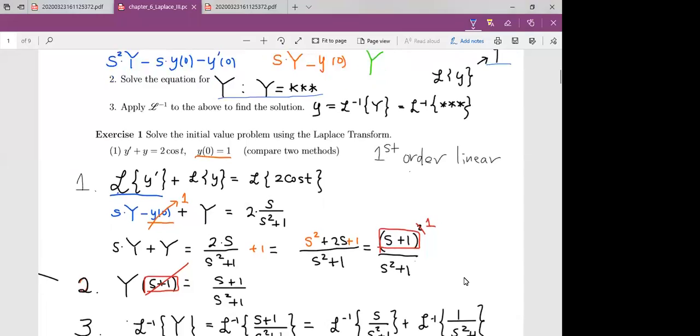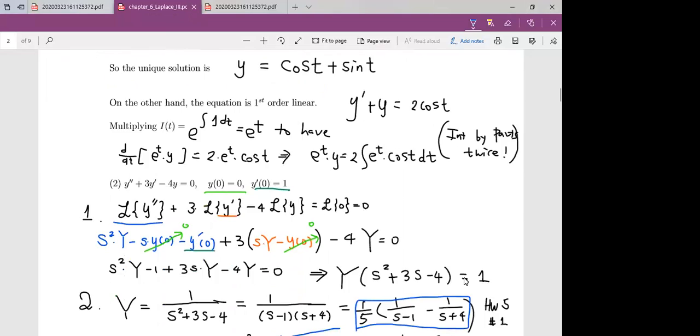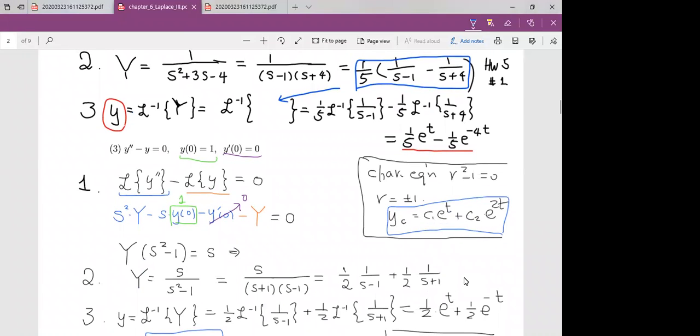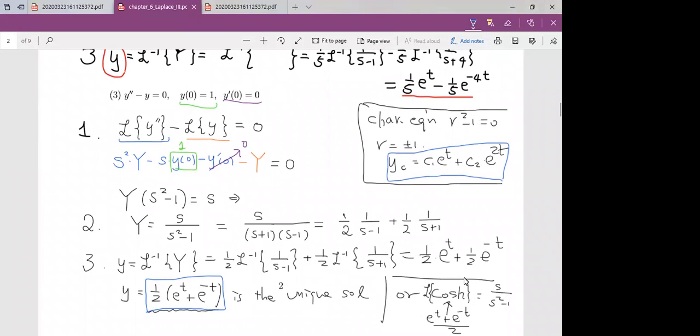Before starting a new problem, let me fix a typo. In problem 3, I ended up having a typo. Look at this characteristic equation part in the box. In this characteristic equation, we had roots plus minus 1. So the complementary solution must be a linear combination of e to the t and e to the negative t, not e to the 2t.